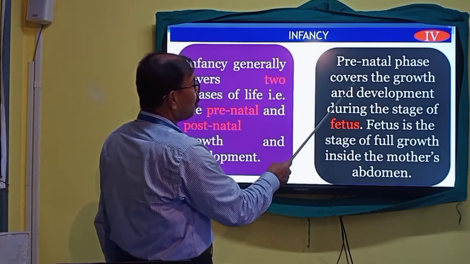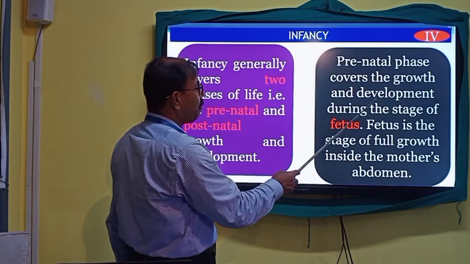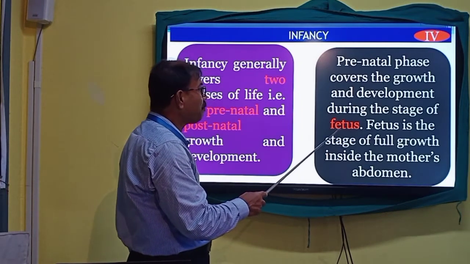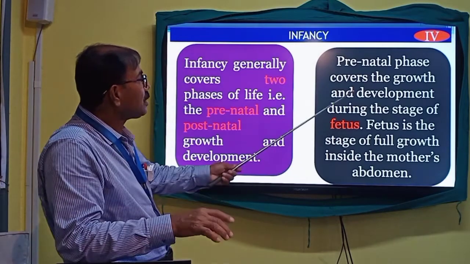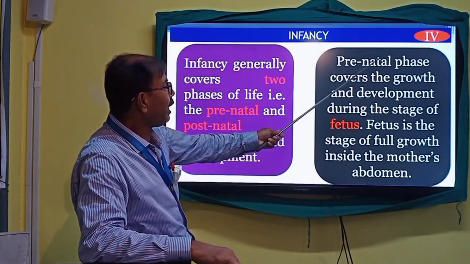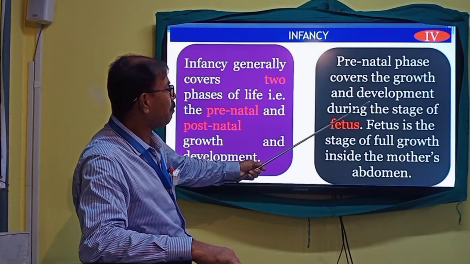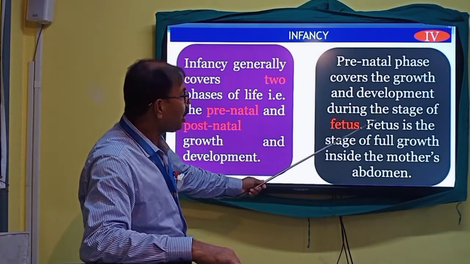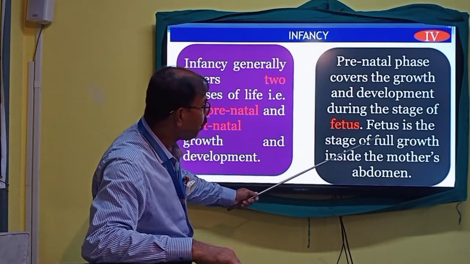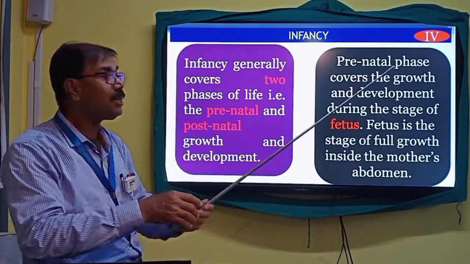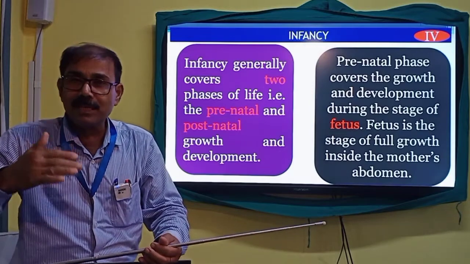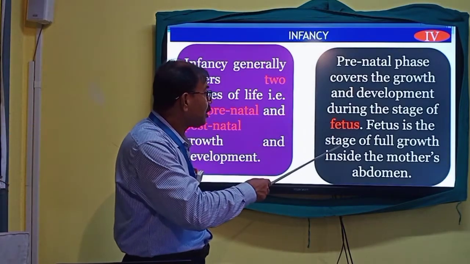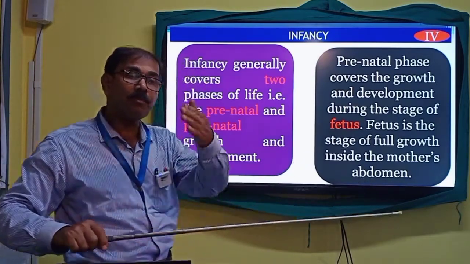The prenatal phase covers the growth and development during the stage of fetus. This is very important. What is the prenatal stage? The prenatal phase covers the growth and development during the stage of fetus, and the fetus is the stage of full growth inside the mother's abdomen, that is, before birth.